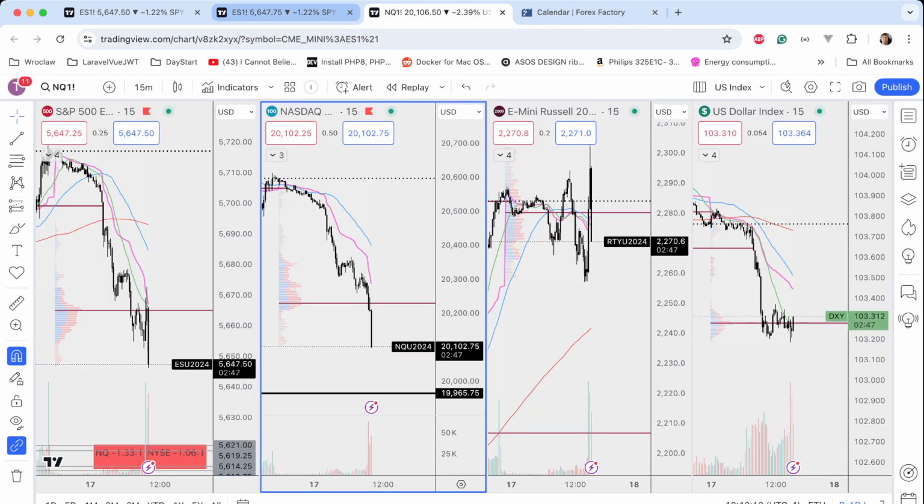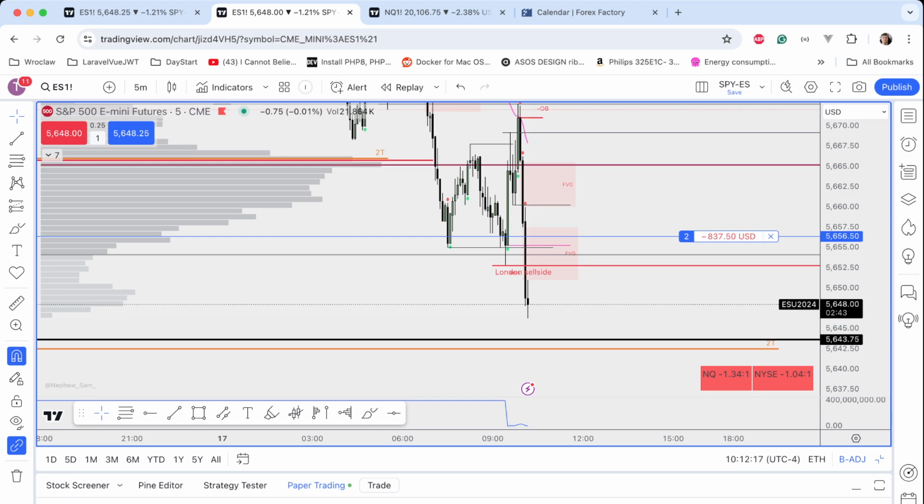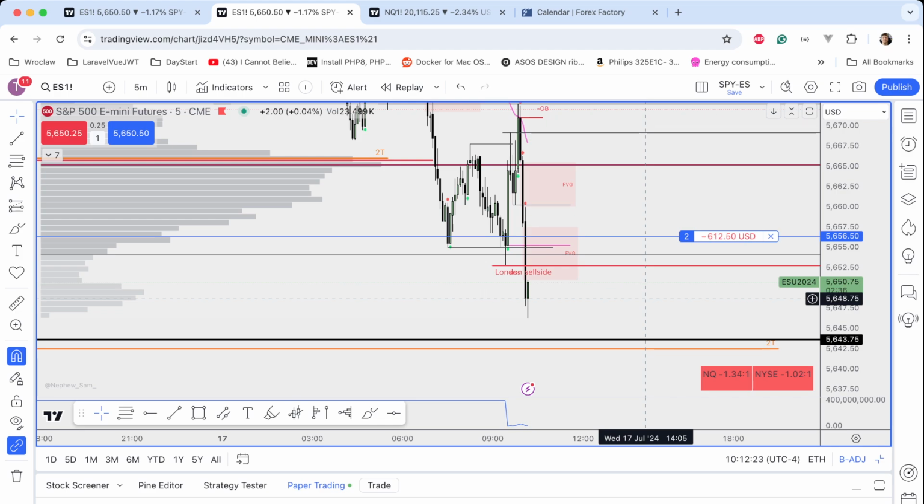As we are dropping, but that's okay. There will be a bounce. There will be a bounce. There we go.